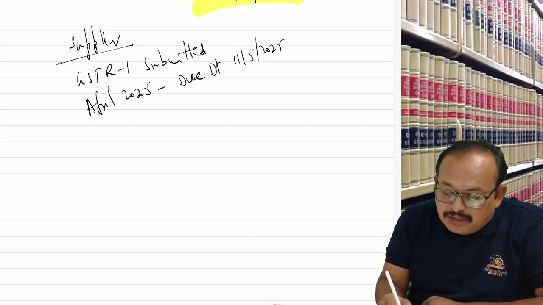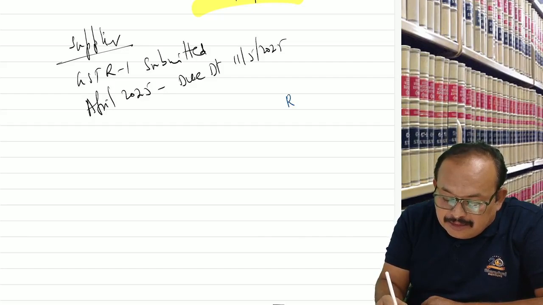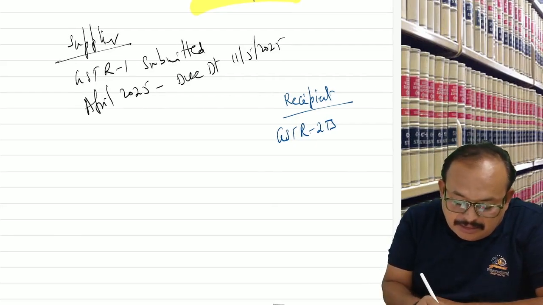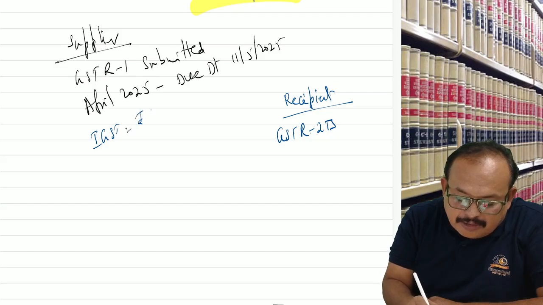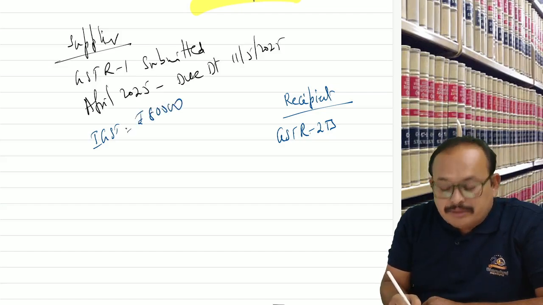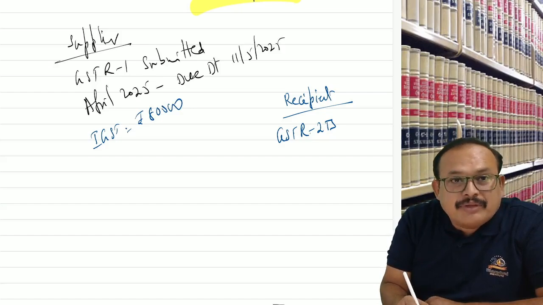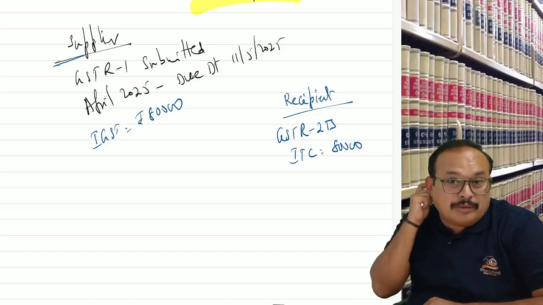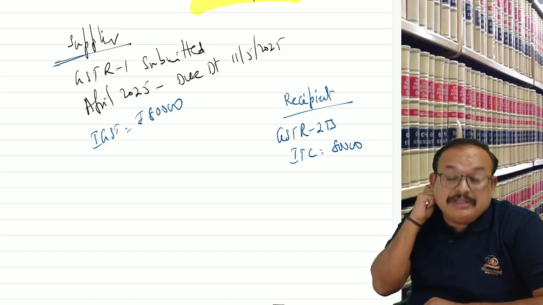This data is captured by the recipient's books in GSTR 2B. Here, IGST 80,000 is the liability for the supplier. It becomes ITC of rupees 80,000. Now, here is a very important point.